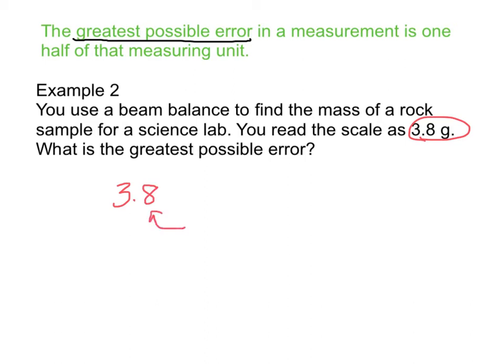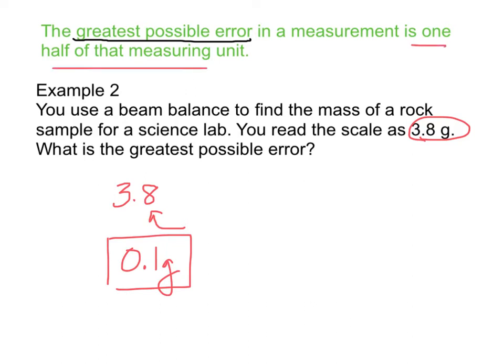Since we measured to the nearest tenth, that means we measured to the nearest tenth of a gram. So this right here is what we measured to. But up here in our problem it says it's 1/2 of that measuring unit. So you're going to take a half of 1/10.